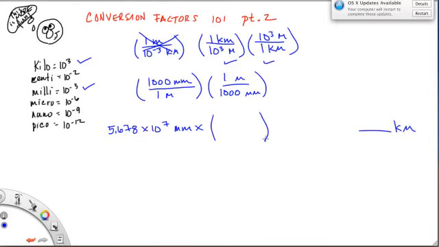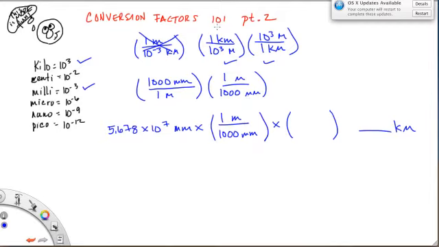The first thing I'll do is convert from millimeters to meters, so I'm going to use this conversion factor. Remember, I want to convert to meters, so meters goes in the top: 1 meter in 1,000 millimeters. Then I can go from meters to kilometers.